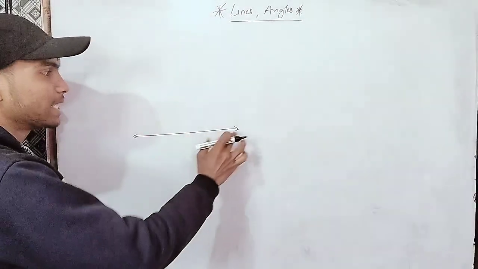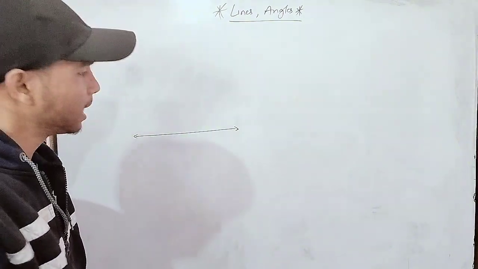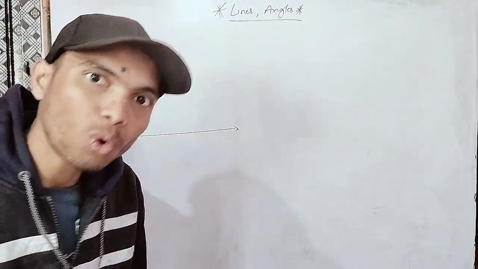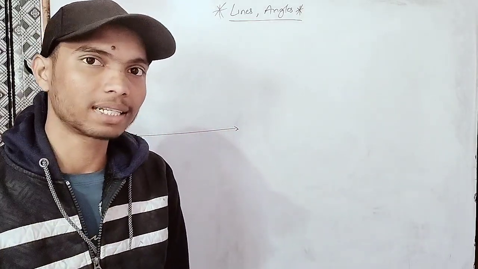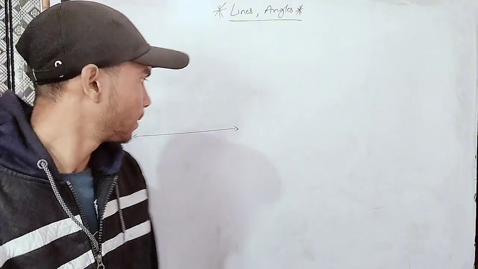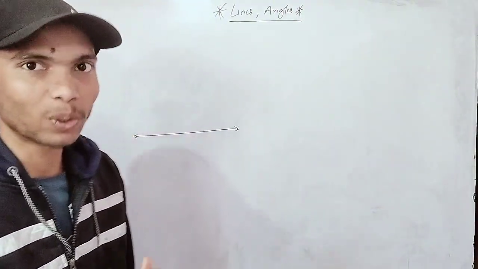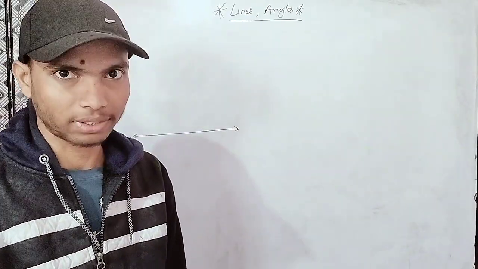This is not an end. This arrow indicates that your line is going infinite, wherever it can go. It goes in a straight direction, and the distance of your line will be infinite.